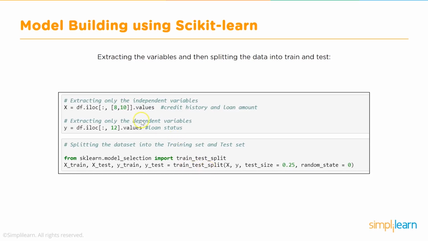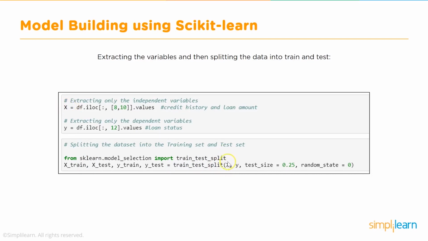All right. So in this example, let's say x and y are our values. X is the independent variables and y is our dependent variable. And I want to split this into train and test data. So we import the train_test_split submodule from within Scikit-Learn, and then you call this train_test_split method or function, and pass the data.